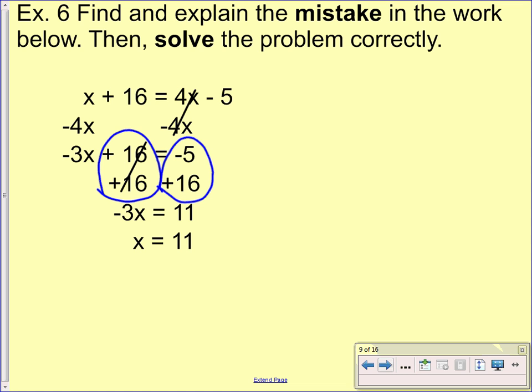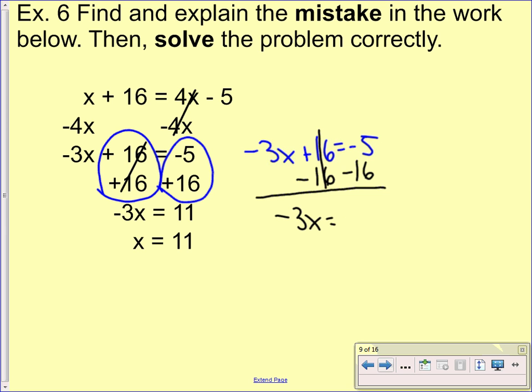So when I redo the problem, from that step, negative 3x plus 16 equals negative 5. I'm going to subtract 16 from both sides. So negative 3x equals negative 21. And then divide by negative 3. So that x equals 7, not 11.